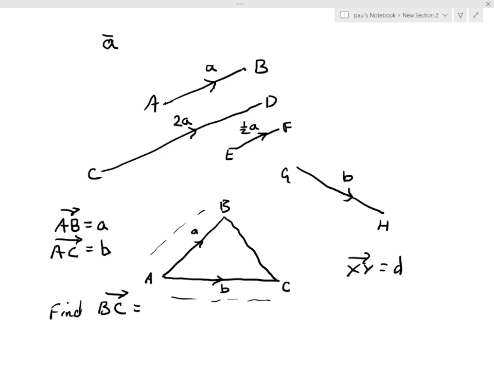We're going the wrong way. So when you go against the arrow, this becomes a negative. Then we're down at this point here, so we've got to get from A to C, and we know that's vector B. So it's minus A plus B. You could write this round the other way, B minus A. It doesn't make any difference. It looks nicer if you begin with a positive number, that's all.